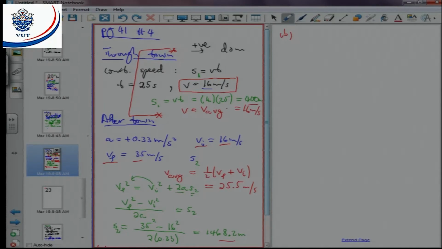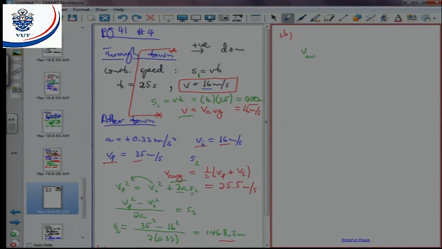So now we need the average for the whole trip, and the average for the whole trip is just adding the average for trip 1 to the average for trip 2, divide by 2. So V average in total is just V1 average plus V2 average over 2.